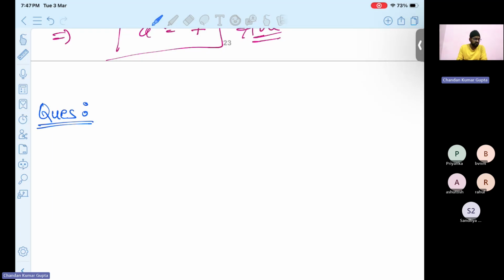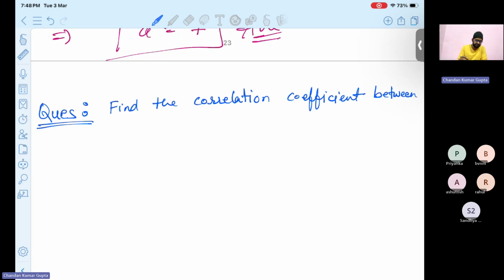The next question is: find the correlation coefficient between the random variables x and y when the joint PDF of x and y is given below. Okay, we are given a joint PDF and then we need to find the correlation coefficient.